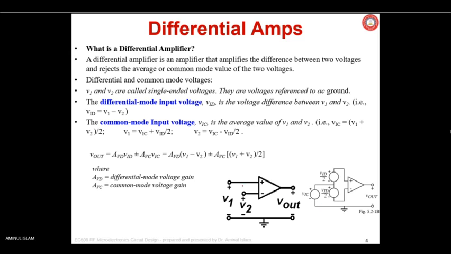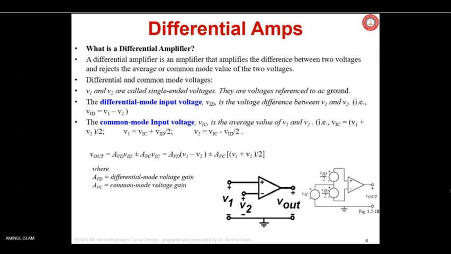As you can see, one is applied to the positive terminal, which we call the non-inverting terminal. The other, the negative terminal, is called the inverting terminal. V1 and V2 are the two signal voltages which are applied, and the difference between these two will be amplified by the amplifier.